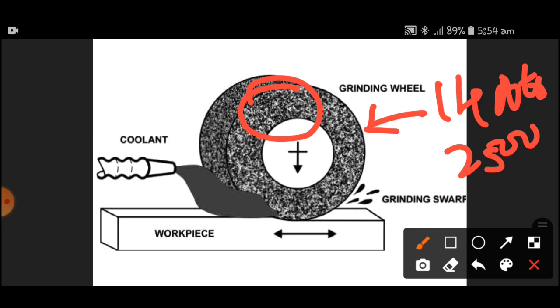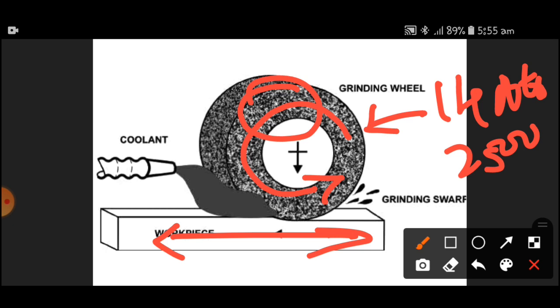With this information, I would like to start the grinding process. Here, one thing you have to know: the grinding wheel is in rotary motion and the workpiece is stationary or in oscillatory, to-and-fro motion. This is called simple surface grinding.